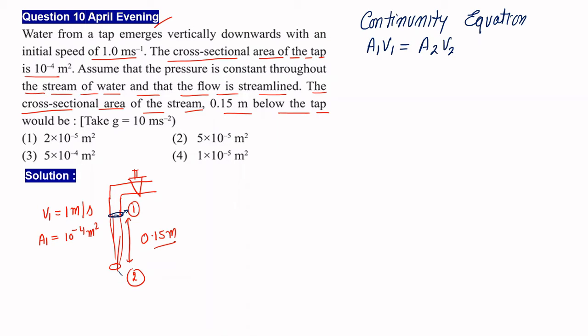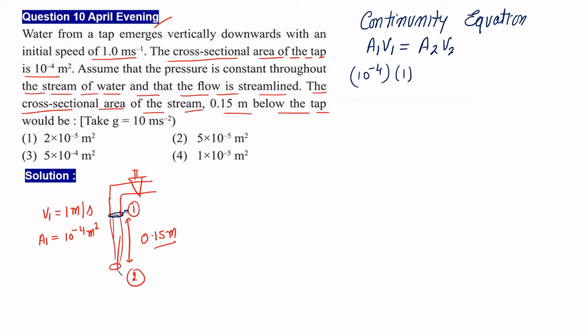A1 is given, 10 to the power of -4, and V1 is given as 1.